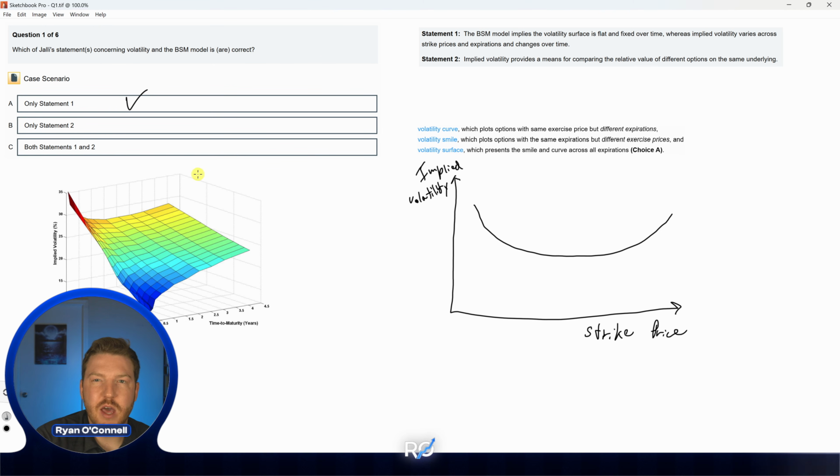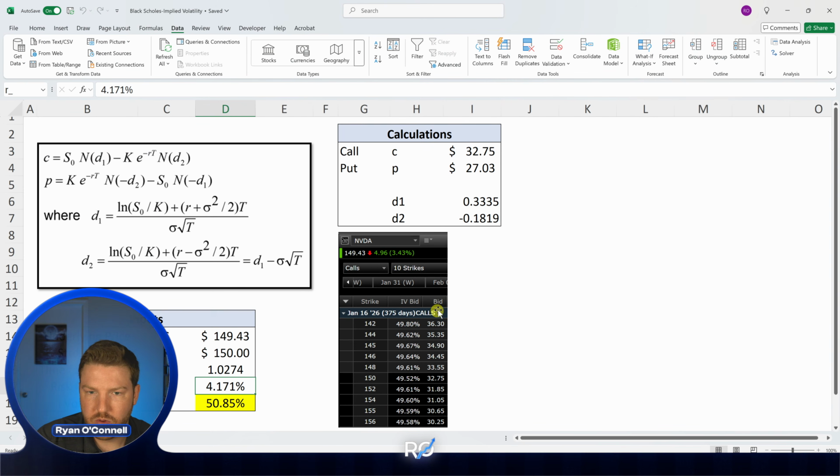There are a lot of bad assumptions about Black-Scholes-Merton. There are a lot of things that it assumes that don't really hold in reality. And then statement two says implied volatility provides a means for comparing the relative value of different options on the same underlying. And that's totally true. Remember what we talked about with implied volatility earlier, where we were looking at the different call prices based on the different implied volatilities.